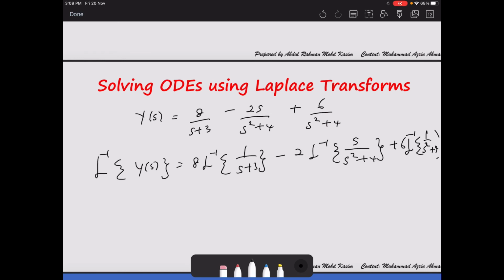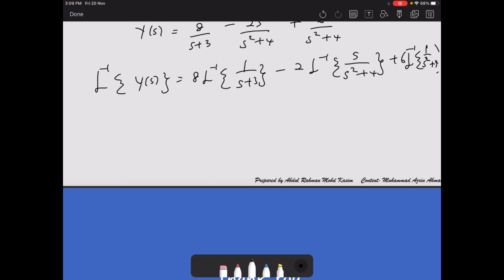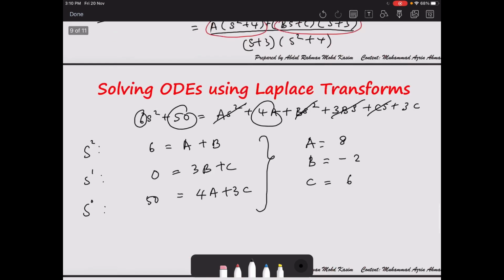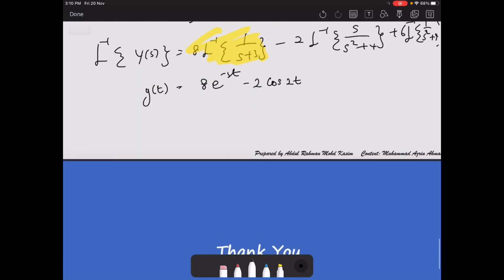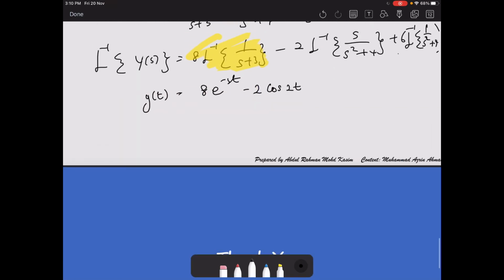Okay, it's very easy. For the left hand side, you will have directly y(t), and for the first term, it is also very easy. You will have 8 e to the power of negative 3t, and the next one you directly get from the table: 2 cos 2t. For the last one you need to be careful, let me explain.